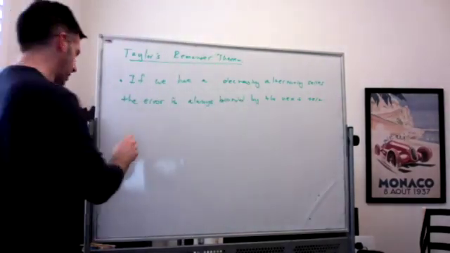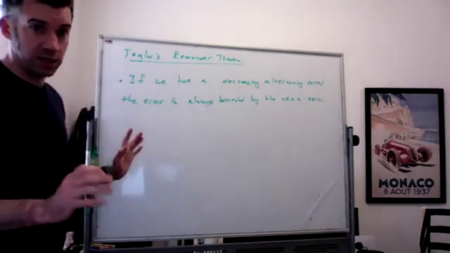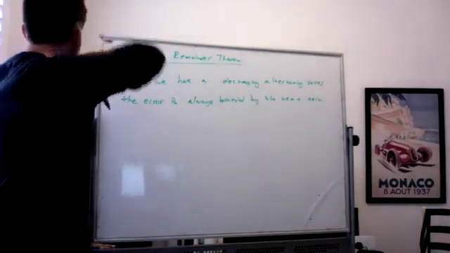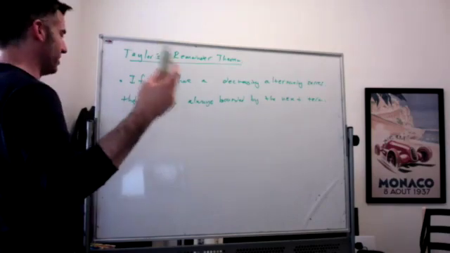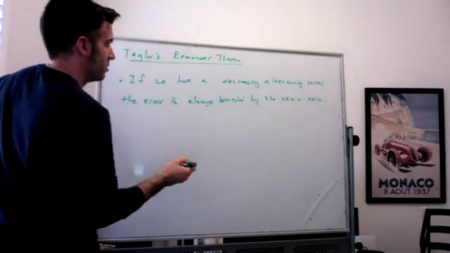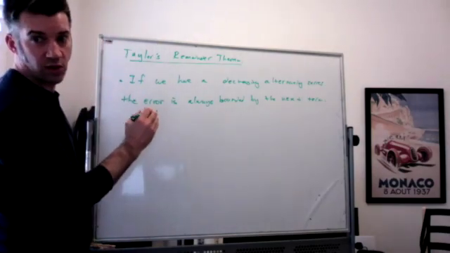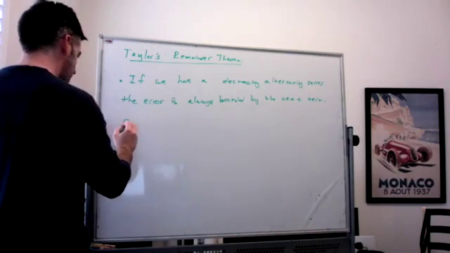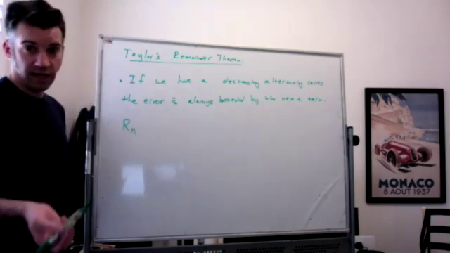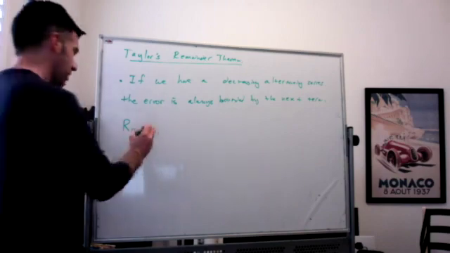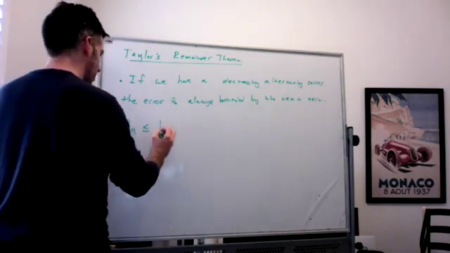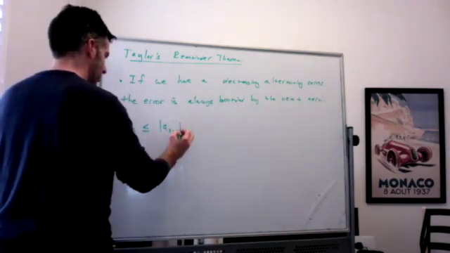So if you're writing your series, the Rn, which is the remainder after n terms, is less than or equal to the absolute value of a sub n plus 1.